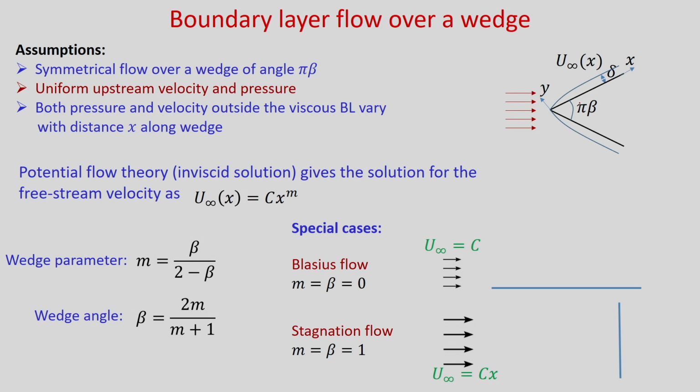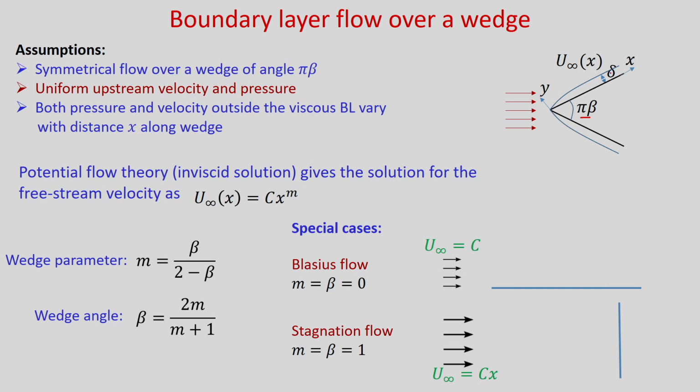So, let us consider this wedge of angle pi beta where you have a uniform velocity. When it passes over this wedge, a boundary layer will form from the leading edge of this wedge plate. X is the axial direction, y is the normal to this surface.